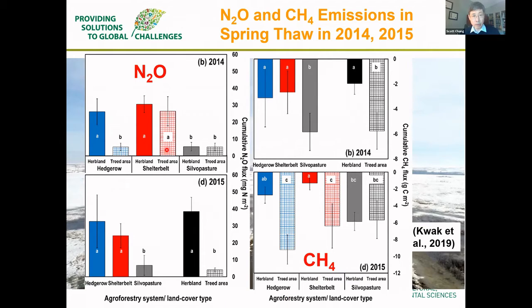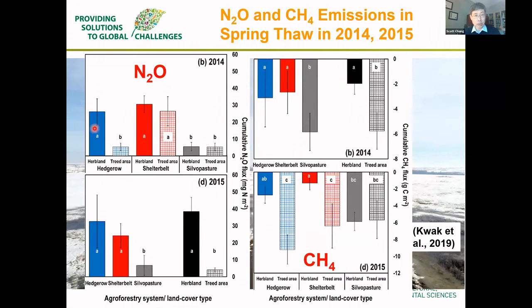So the results we found is that in the spring thaw period, the nitrous oxide emission rate, so we sampled in 2 years, in 2014 and 2015, there were differences. There was inter-annual variability, obviously, between the two sampling years. But in 2014, there was no difference between the two land uses in silvopasture systems, and no difference in the shelter belt either.